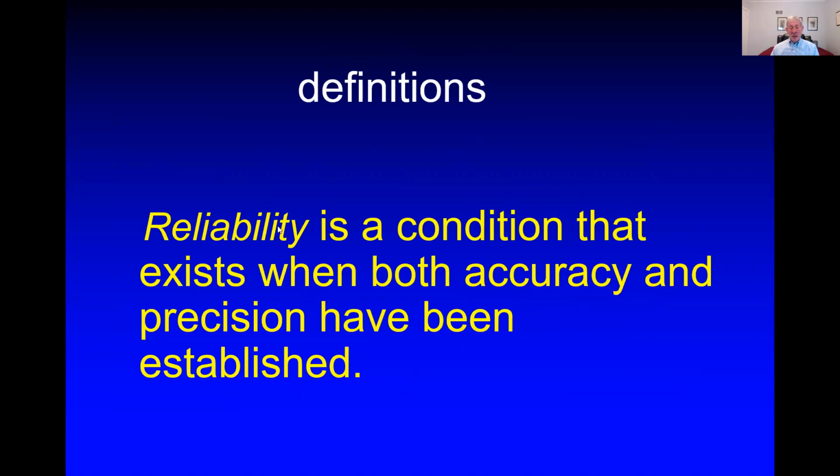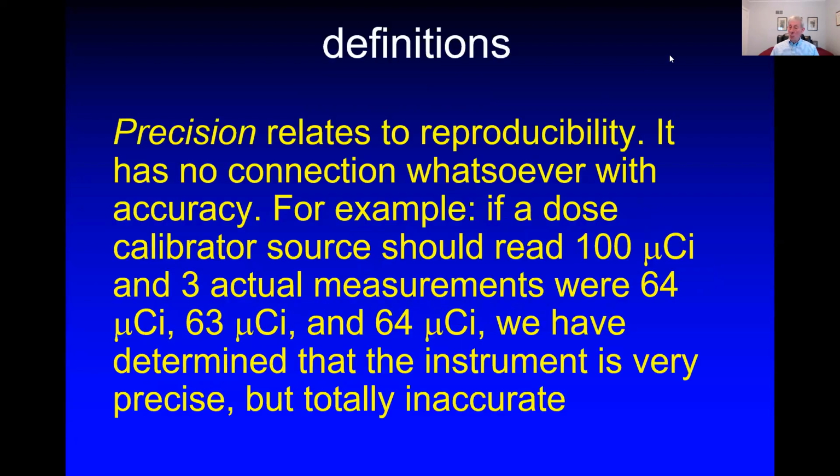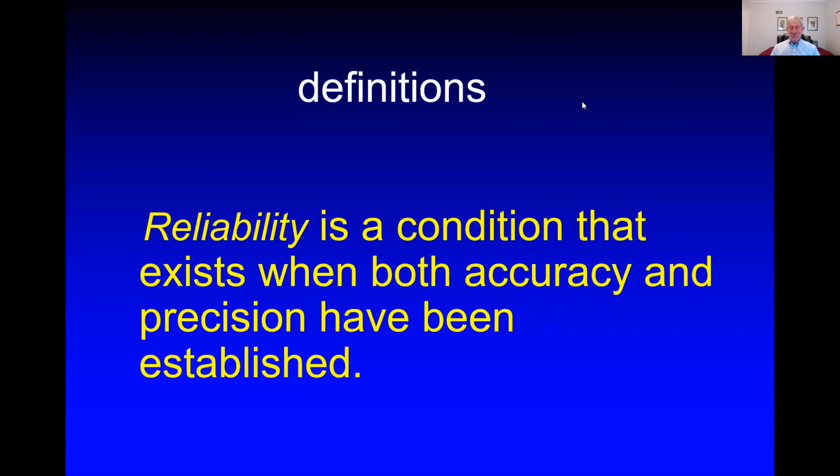So a piece of equipment of any kind is reliable if you have both accuracy and precision. We say in everyday life, my friend is reliable. That means my friend does the right thing all the time. So it's very important to have reliability, and you only have it when you have both accuracy and precision. Keep in mind the precision is unrelated to accuracy. It simply means reproducibility.